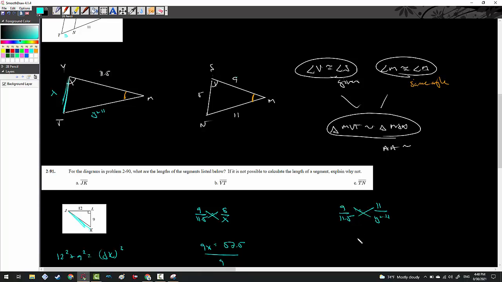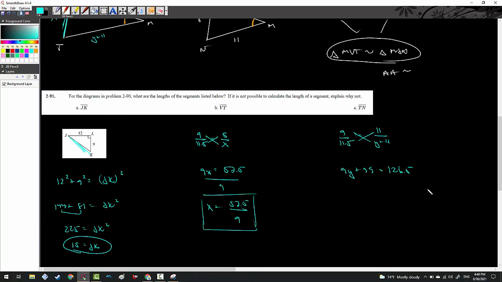And again, cross multiply. So 9y plus 99 is equal to 11.5 times 11, which is 126.5. So if I do 126.5 minus 99, I get 9y equals 27.5. If I divide both sides by 9, I get y equals 3.056.